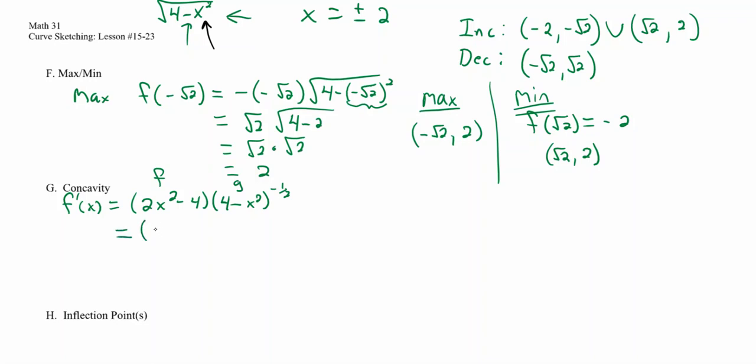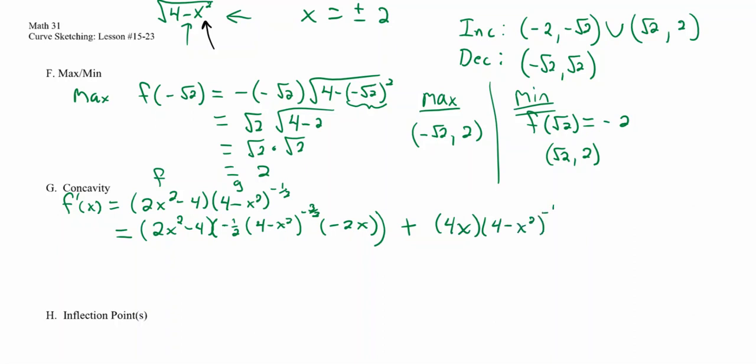So this will be just f, so that would be 2x squared minus 4 times negative a half times 4 minus x squared to the power of negative 3 over 2, and then times the derivative of the inside, so that would be negative 2x, and I add one more bracket to close that, plus the derivative of f, so that'd be 4x times 4 minus x squared to the power of negative a half, which was just g.